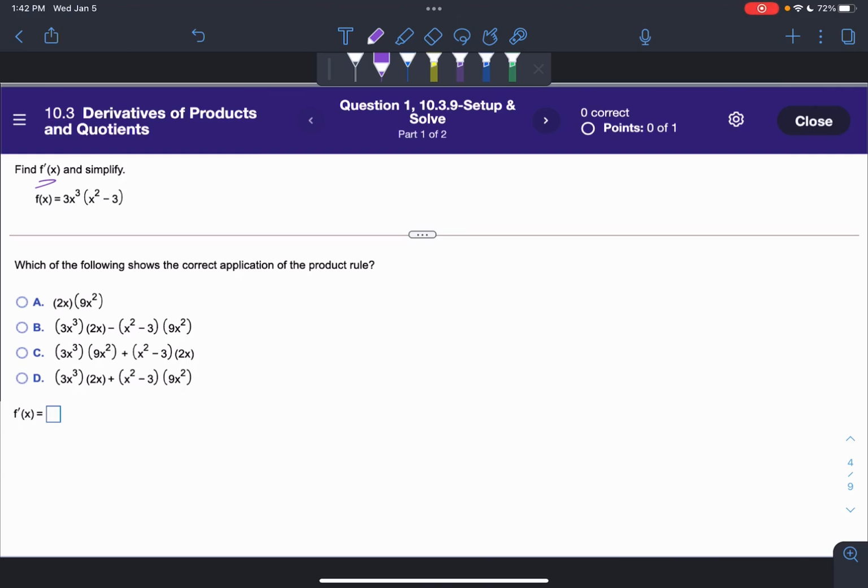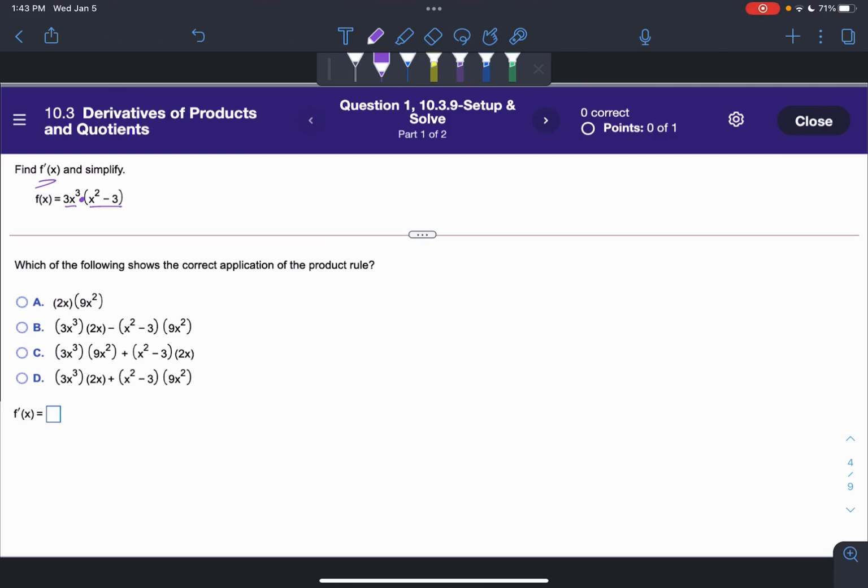One thing you could do is read the function out loud, which is something I always like to do. So I'm reading this function: I have 3x cubed times, right, that's what the parentheses there mean, may not always be written out, but there is times there, times x squared minus 3.